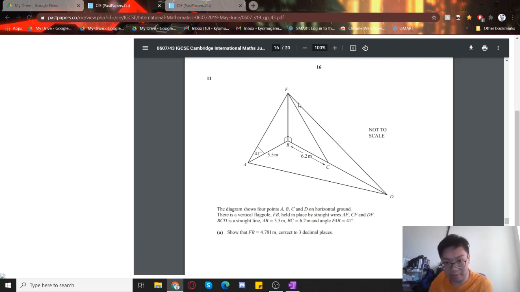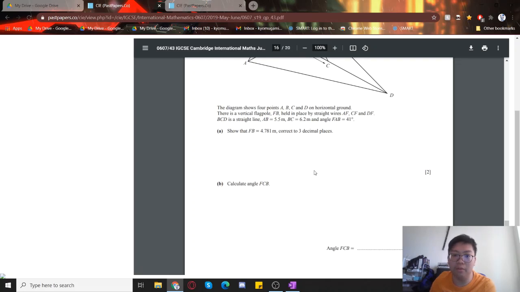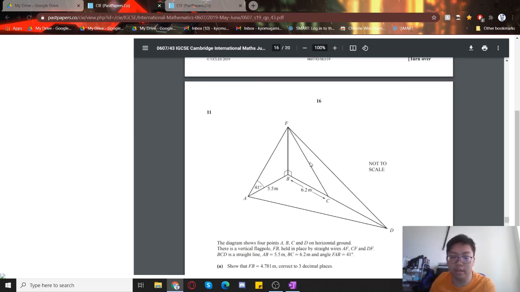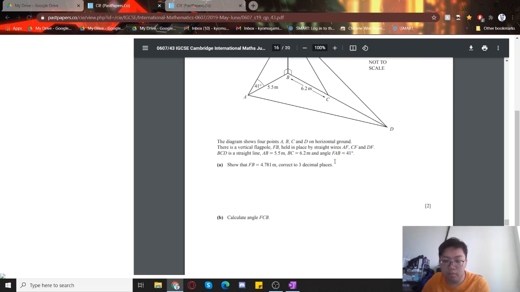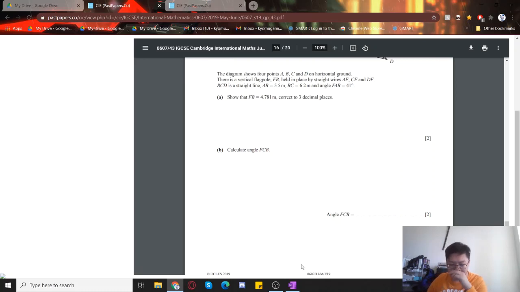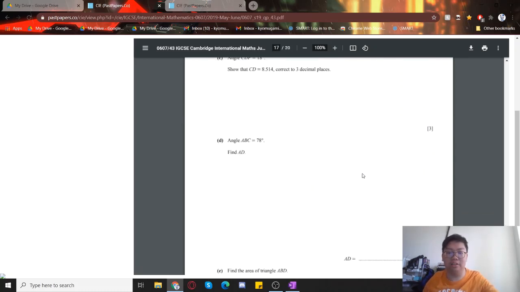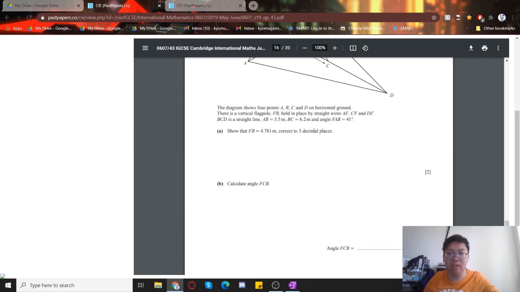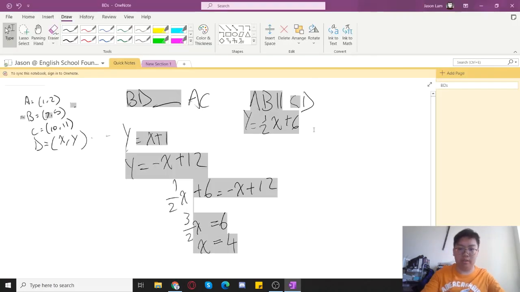So you can just use tan to work out BD and take away the length BC, and that will give you the length CD. If that doesn't make sense, give me a shout. Actually, I can draw a diagram now.